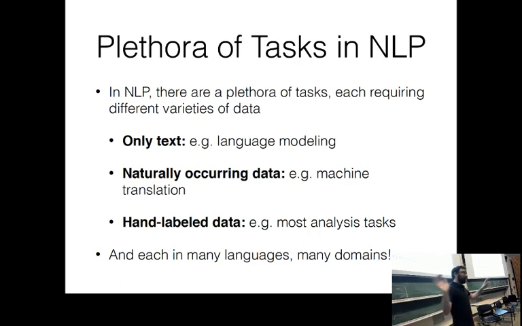And then there's the whole other thing: all of these tasks are also applicable to many, many languages. And by the extension we talked about before, they could also be viewed as different tasks for different domains.